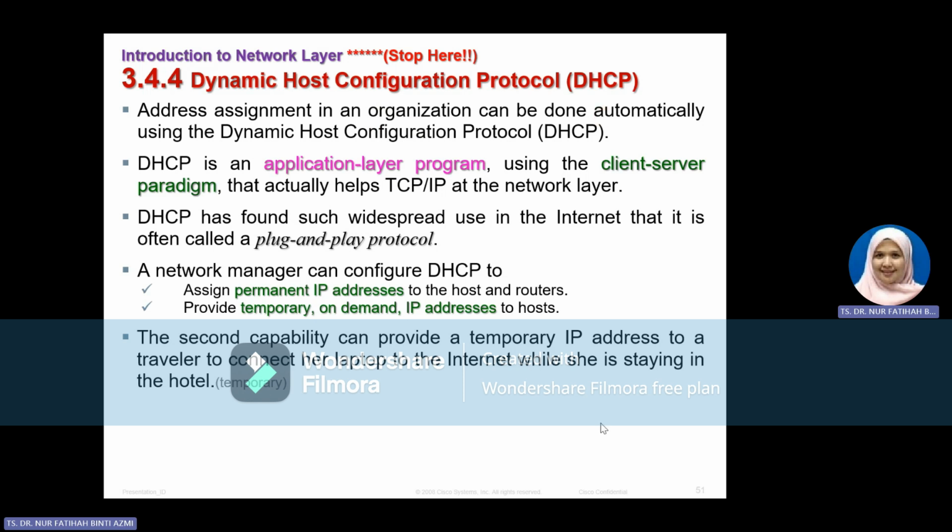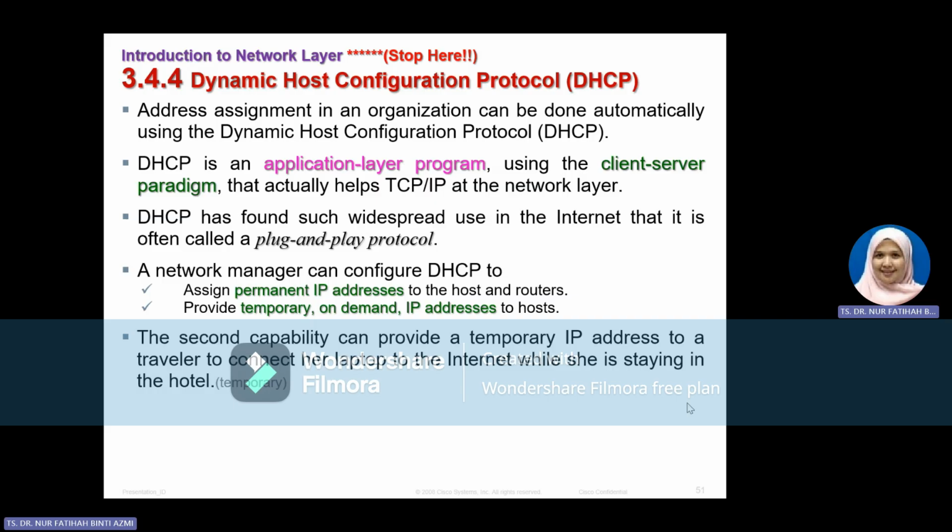Think of a hotel that gives you a room number when you check in, so you don't have to figure it out and set it up yourself. DHCP is the system that automatically assigns network addresses within the organization.